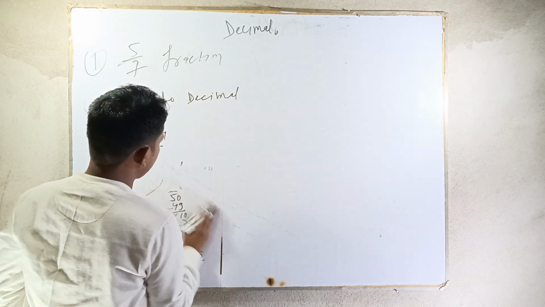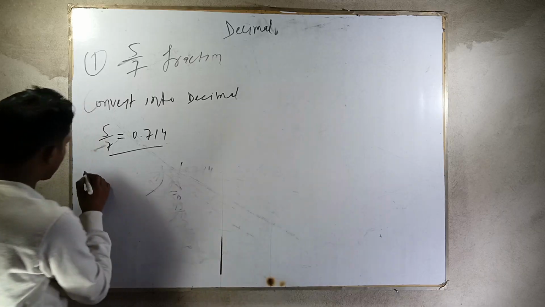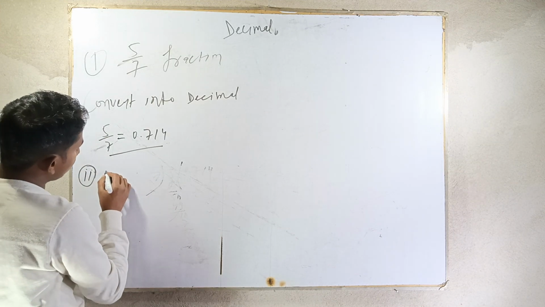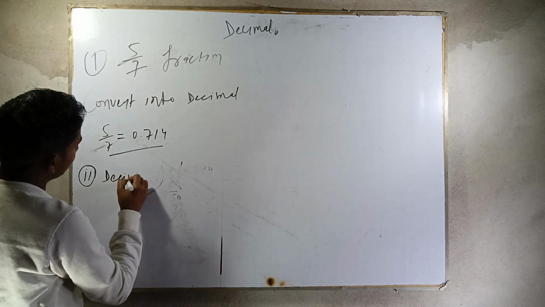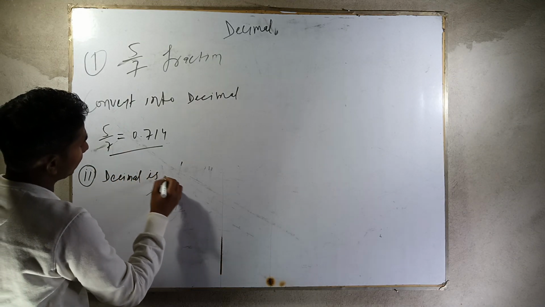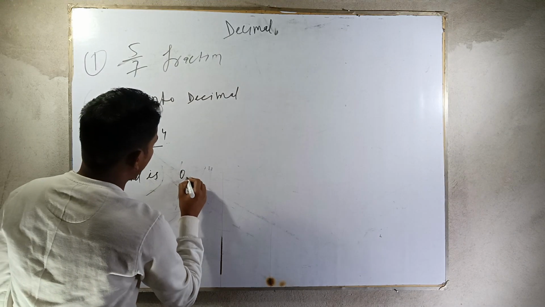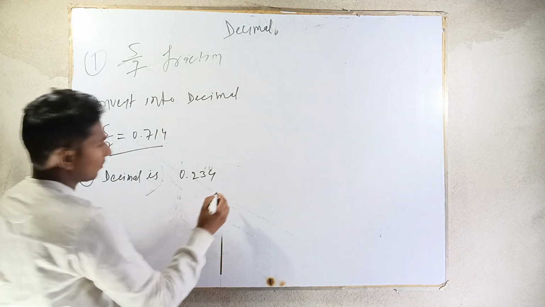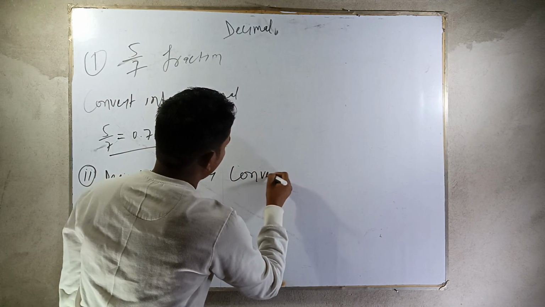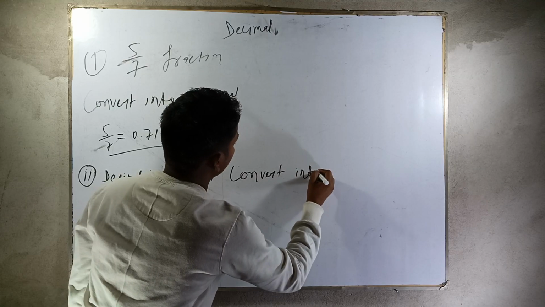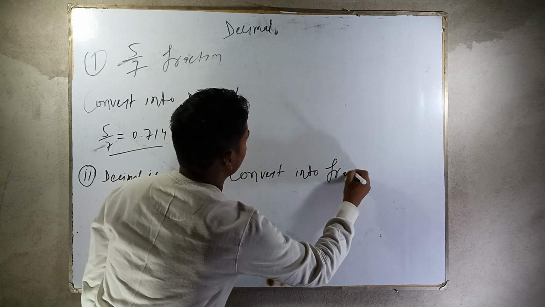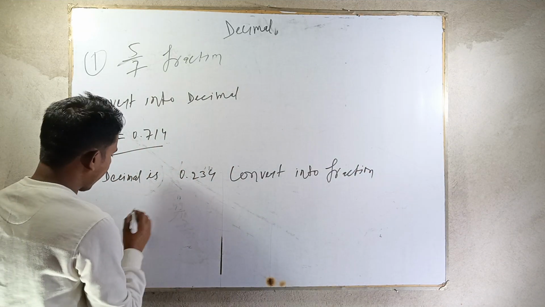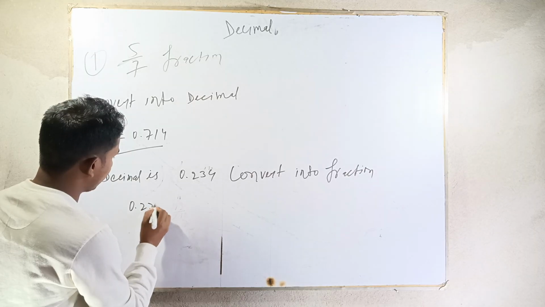If any fraction is given, suppose the next term says that if a decimal is given, like 0.234, convert it into fraction. Then how will we convert this? Suppose I see that there is 2 3 4.